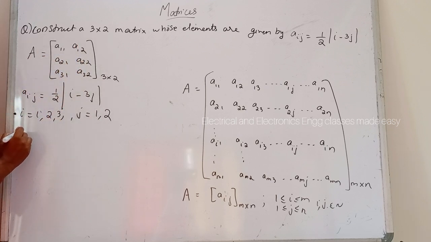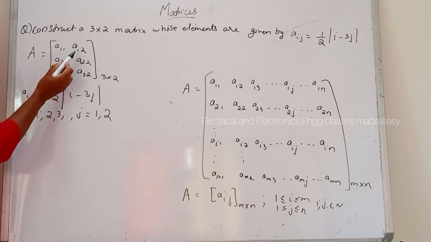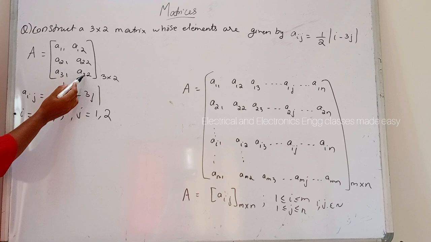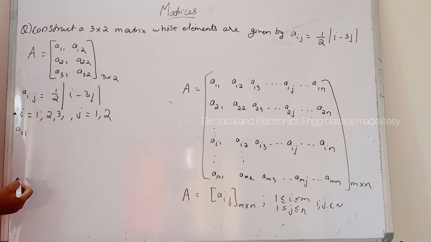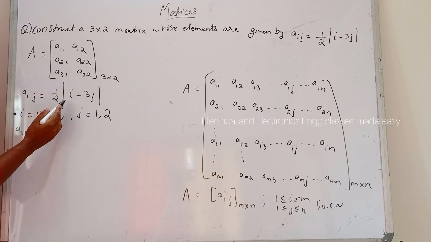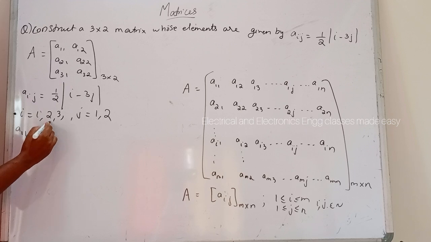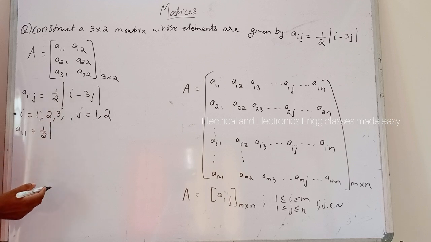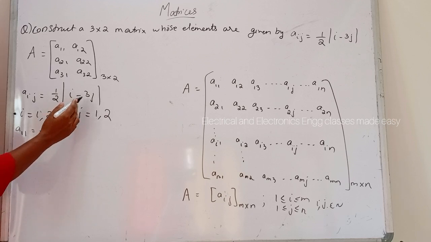So for A11, put i and j equal to 1. A11, A12 up to A32 we have to find. So A11 is equal to 1 by 2 into modulus of i minus 3j, that is 1 minus 3, that is equal to minus 2.